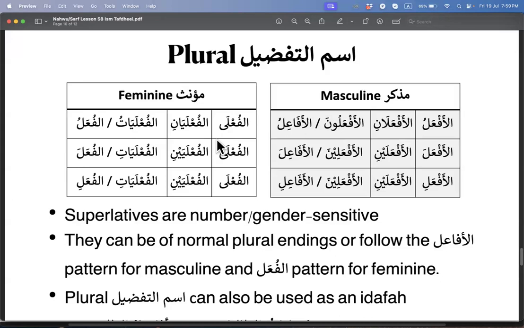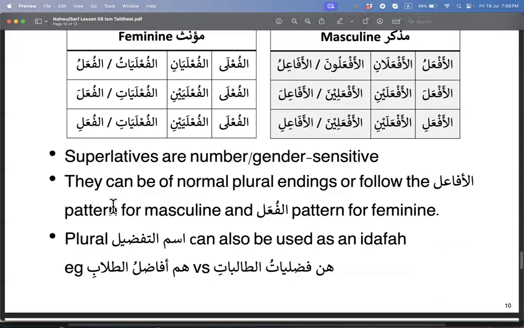Here in this chart, I put it with al, but it can also be used as a mudaf. When it becomes a mudaf, there's no al. So for example, we can say hunna fudlayatu, this is our jamak, and then this is a mudaf.